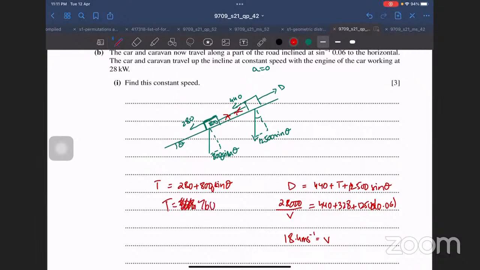That should be 760. Silly mistake. I'm getting the correct answer, which is 14.4.